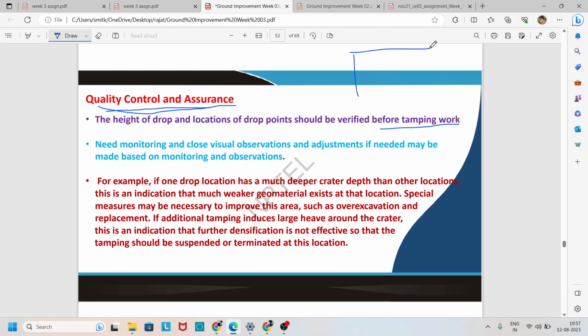That means there is a plan area; before applying deep dynamic compaction, we decide what the different points are. If the area is square in nature, the points are laid out in a square pattern, or in a triangular pattern.